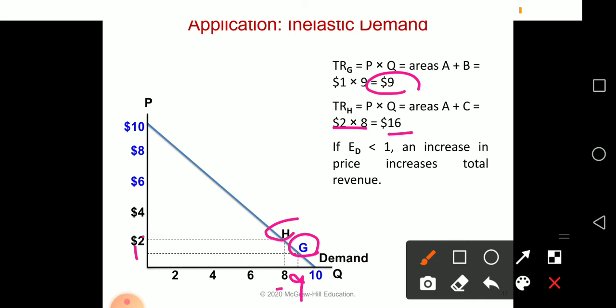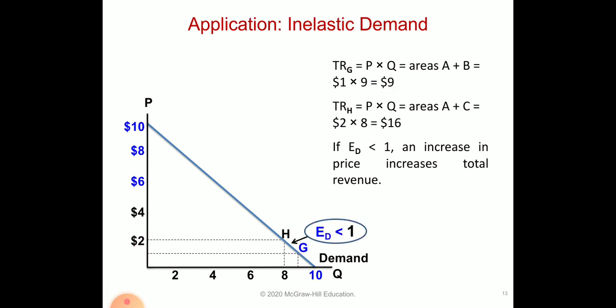So I have here ED, and this is A, and this is C, this is B. Okay, I have here the elasticity of demand, which is less than 1, as we see.